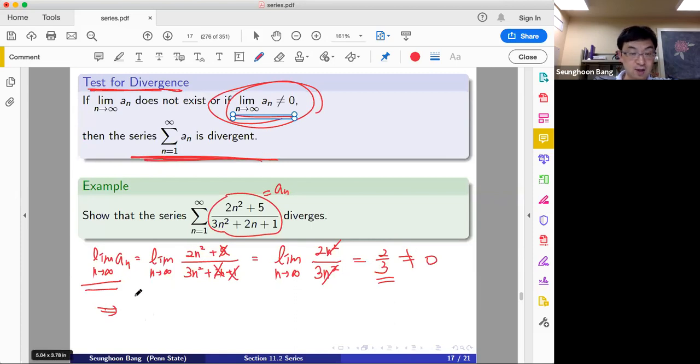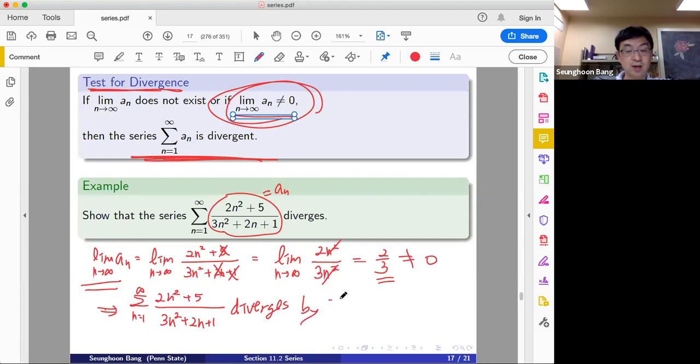You can write it like this: the summation from n equal 1 to infinity of 2n squared plus 5 over 3n squared plus 2n plus 1 diverges by the test for divergence. That's the whole idea for solving this problem.